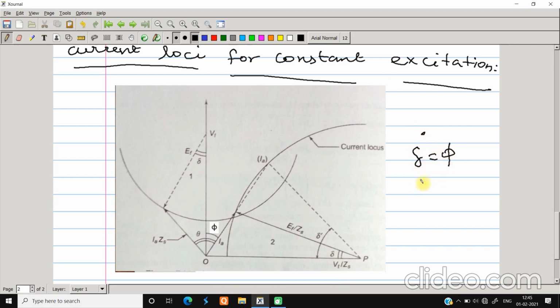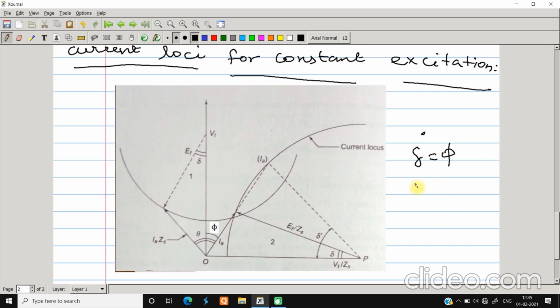So this will be the maximum value of the delta, because the value of the delta cannot be varied beyond the load angle of the machine. So the delta will be equivalent to phi, which is going to be the maximum value of the delta.